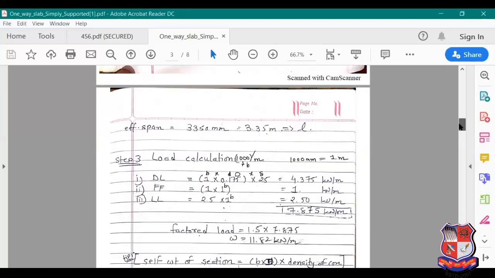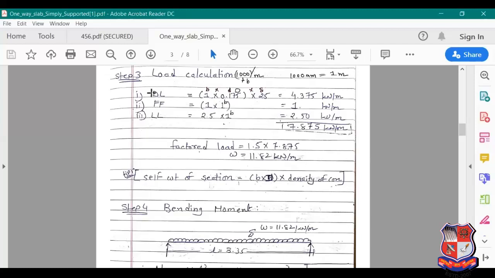Let's look ahead. Step number 3, load calculation. Load calculation is per meter, so the width b is always 1 meter or 1000 mm. First, dead load is equal to area into density. Each and every time in RCC, when finding the dead load of some material, it will be area into the density of the material.